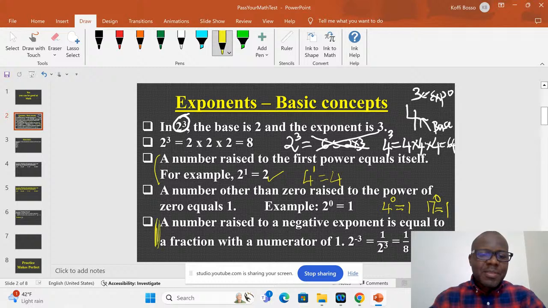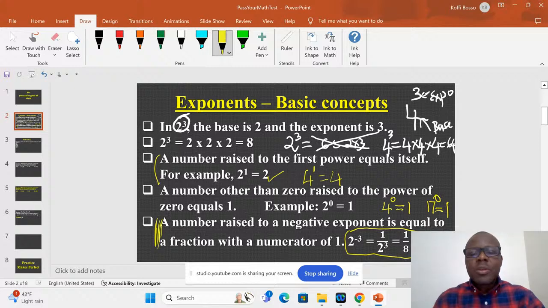Now, the next one, they say a number raised to a negative exponent is equal to a fraction with a numerator of 1. This is the challenge part. So when you have a number raised to a negative power, like here we have 2 raised to negative 3, we're going to turn this into a fraction. For the fraction, the numerator will be 1, and the denominator will be 2 to the third power.